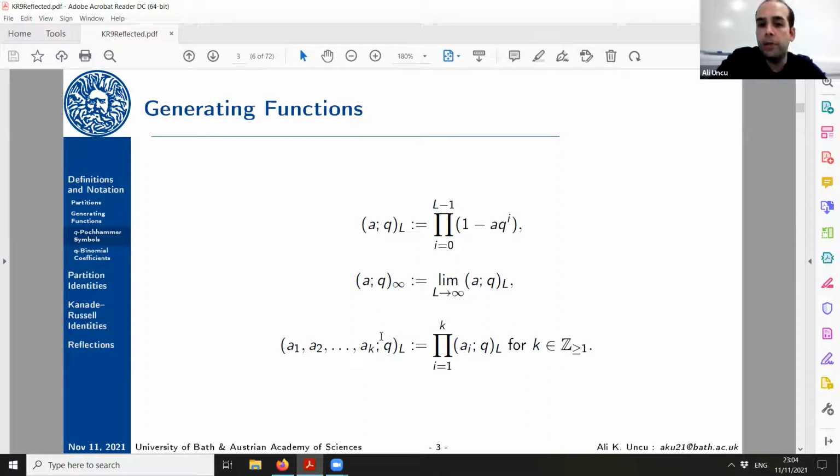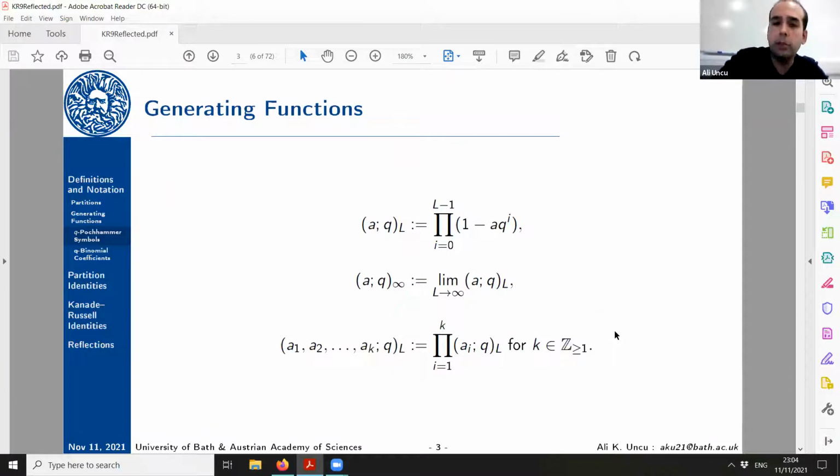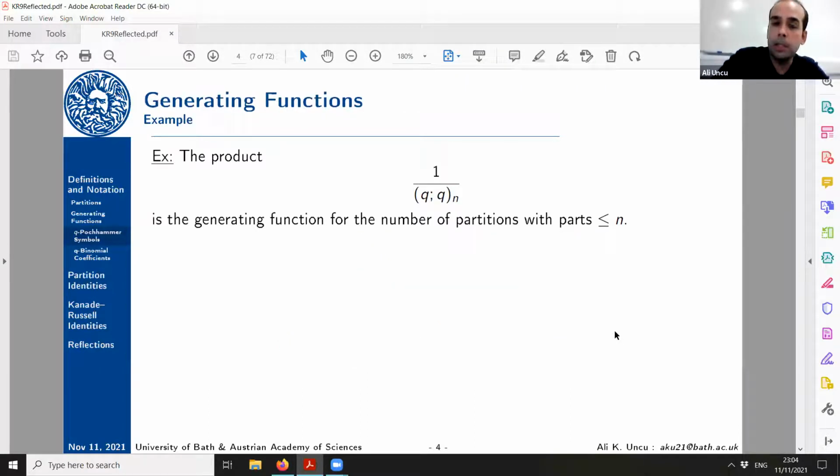If I have many of them with the same base q, I would put these q-Pochhammers together and abuse the notation a little bit, writing (a1, a2, ..., ak; q) sub L, which would be just the multiplication of these q-Pochhammers. One more generating function. What these do is give some substance to the generating functions that we saw as an open list before.